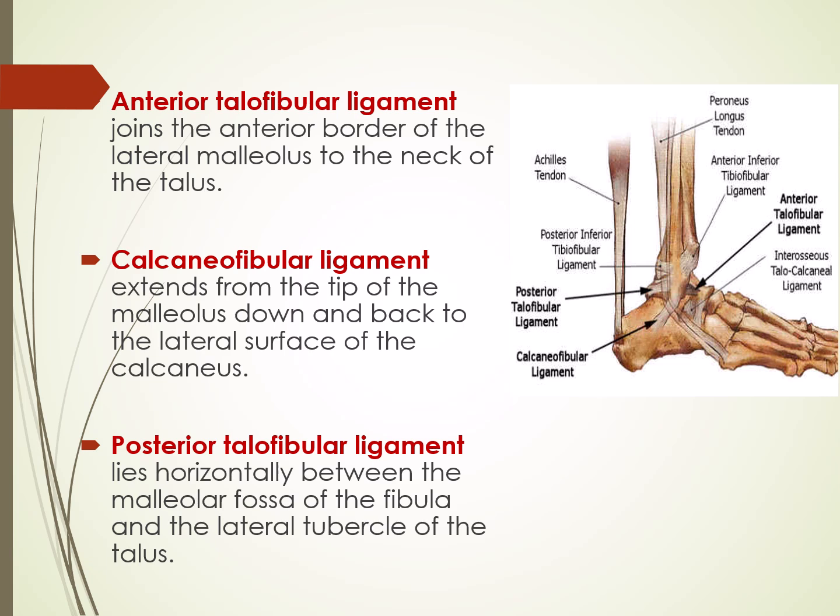This is the calcaneofibular ligament. Then we have the posterior talofibular ligament, which lies horizontally between the malleolar fossa of the fibula and the lateral surface of the talus. So laterally, the ankle joint is reinforced by the anterior talofibular ligament, the posterior talofibular ligament and the calcaneofibular ligament.